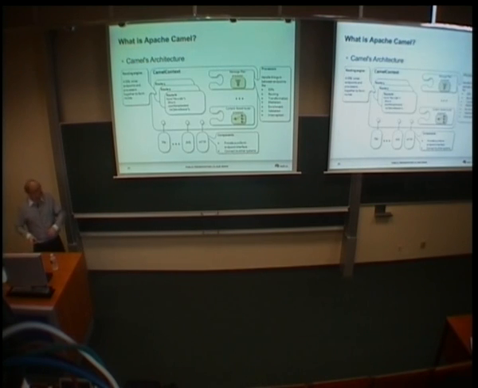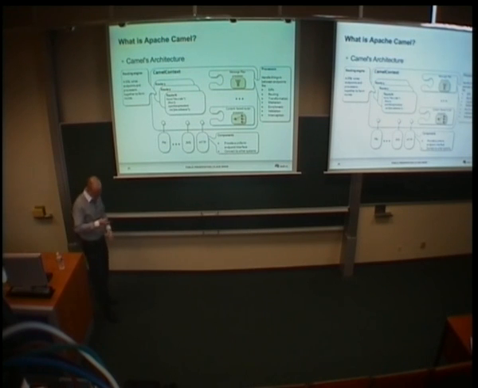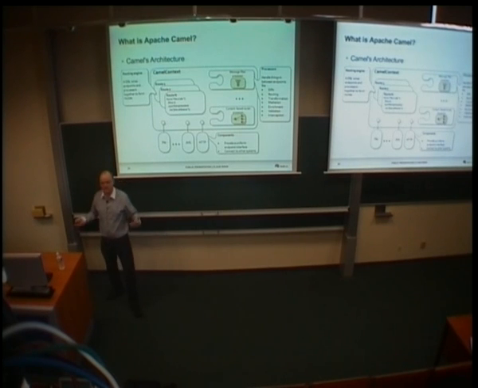Okay, this is a diagram for the architect people. So you want to see what Camel is from a 10,000 foot perspective. What we have here is a piece called the Camel context. The Camel context is kind of like Camel itself.